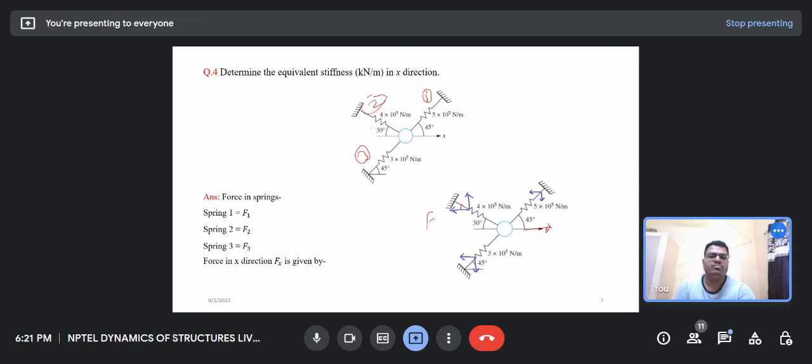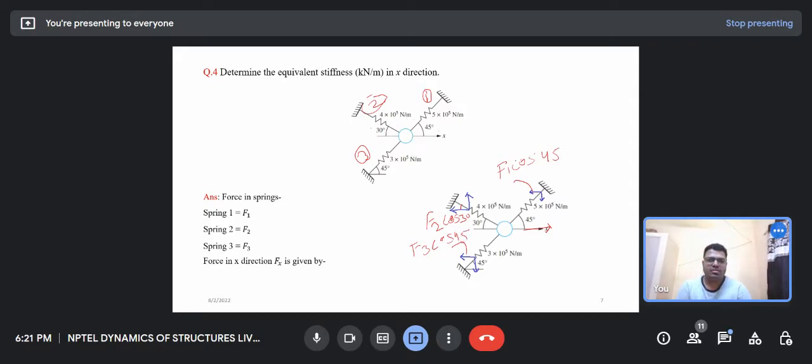So for spring 2 it is F2 cos 30, the cosine component in that direction, then F1 cos 45 degrees, and F3 cos 45. So this is the parallel combination.